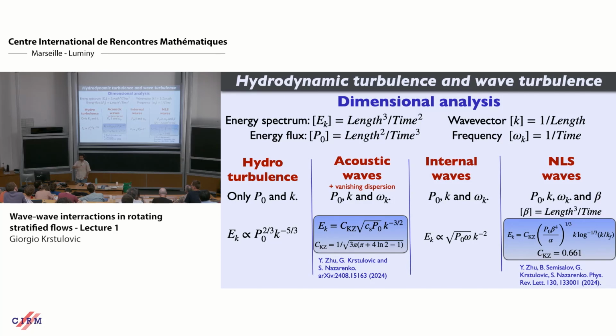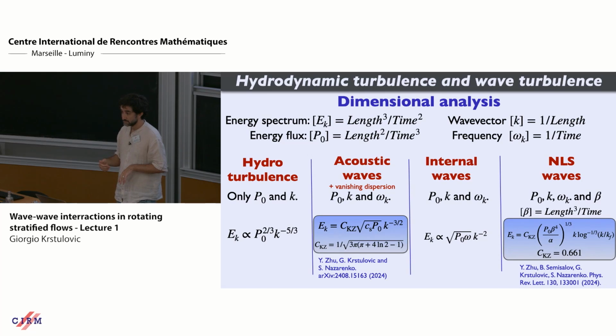For NLS, my microscopic physics is given by psi, which is the variable of the NLS equation, and the energy is proportional to the gradient squared of psi. So if you want to go to the spectrum of the linear variable, you have to divide by k squared. It's still very steep. It's even less integrable.